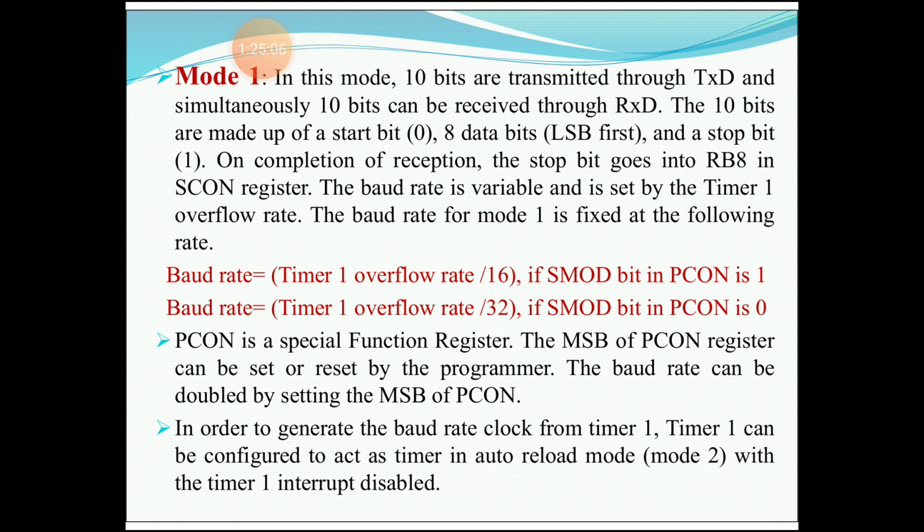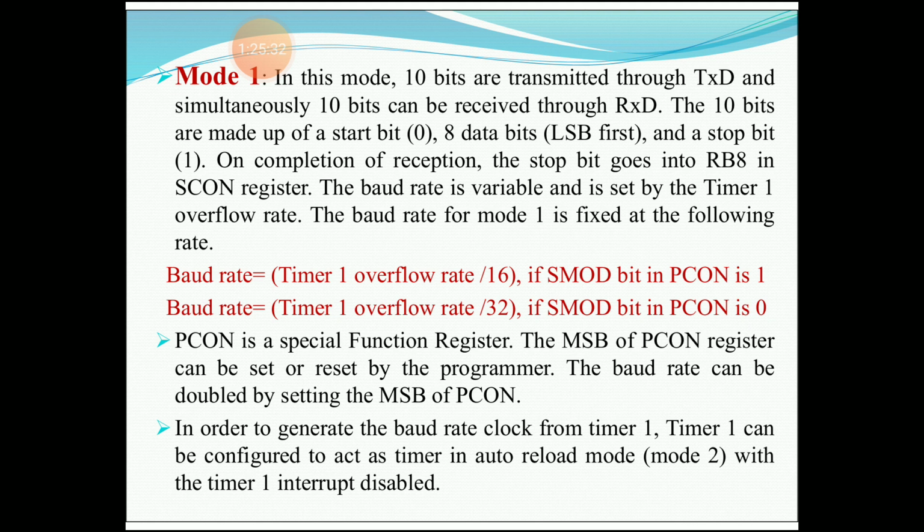The 10 bits are made up of a start bit, 8 data bits and 1 stop bit. On completion of reception, the stop bit goes into the RB8 bit in the SCON register, and the baud rate is variable in mode 1 and is decided by the timer 1 overflow rate.